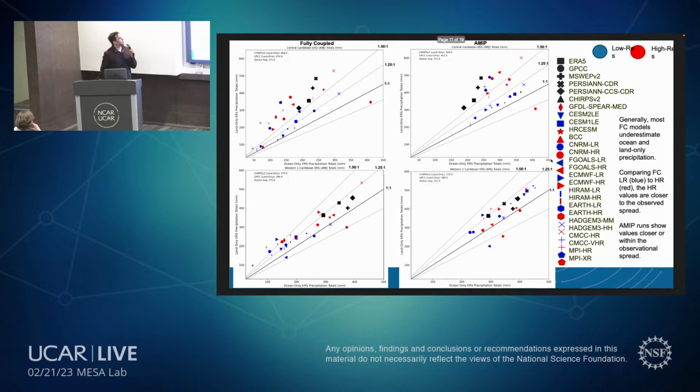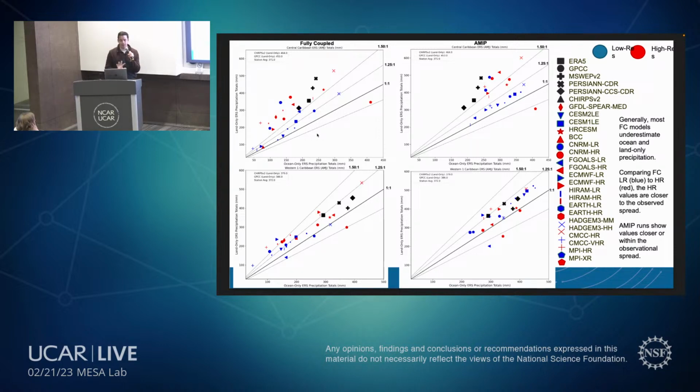And so lastly, in this section, I wanted to show scatter plots of the rainfall cycle to better examine the individual models and what their values show between land-only precipitation totals in the y-axis and ocean-only precipitation totals in the x-axis. In the top row, we have the Central Caribbean between the fully coupled and AMIP versions, and then this is another subregion, the Western Caribbean, which is over Central America.